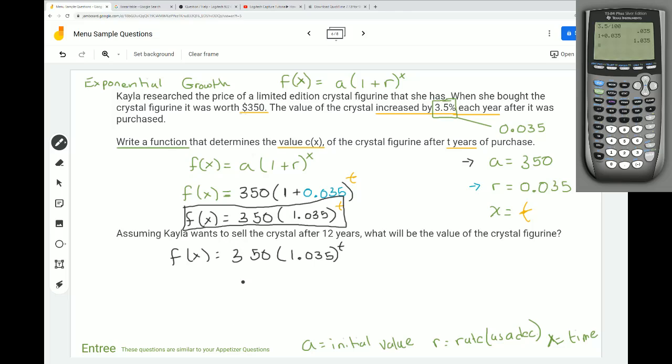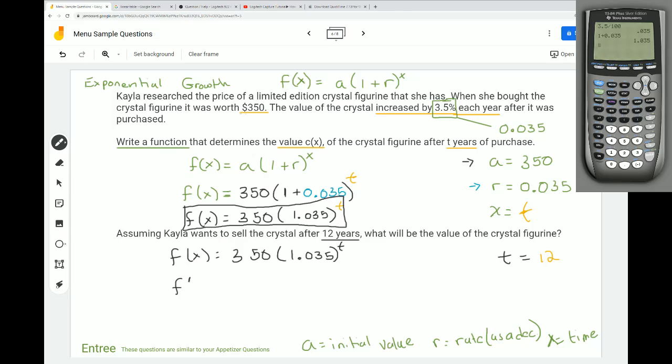Now, they're asking us to find out the price after 12 years. What we want to do here is plug in the amount of years. So t represents the amount of years. They want to find out 12 years, so t is equal to 12.